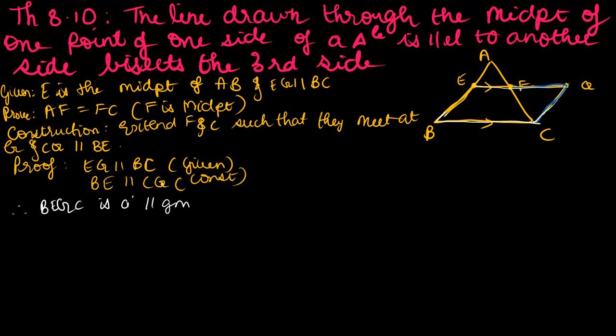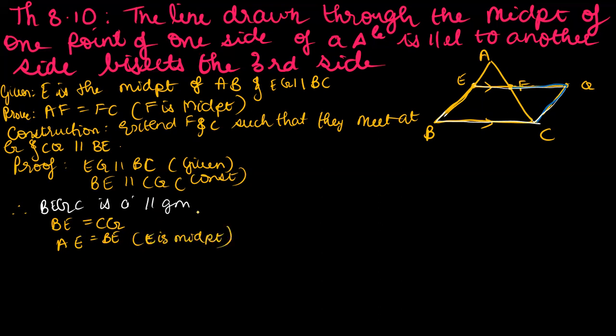So we said that BEGC is a parallelogram. Now, in a parallelogram, we know that opposite sides are equal. So BE is equal to CG, as well as AE is equal to BE. Why? Because E is midpoint.